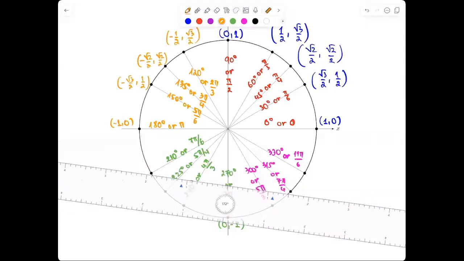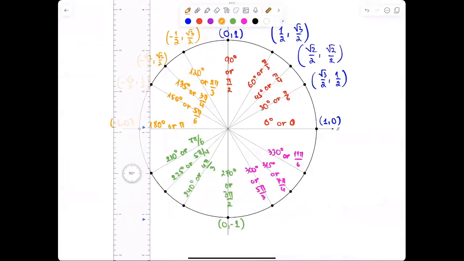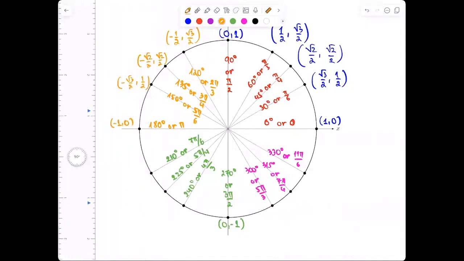Now for the point at 210, corresponding to this point, right? But both x and y are negative, so this should be -√3/2, -1/2.